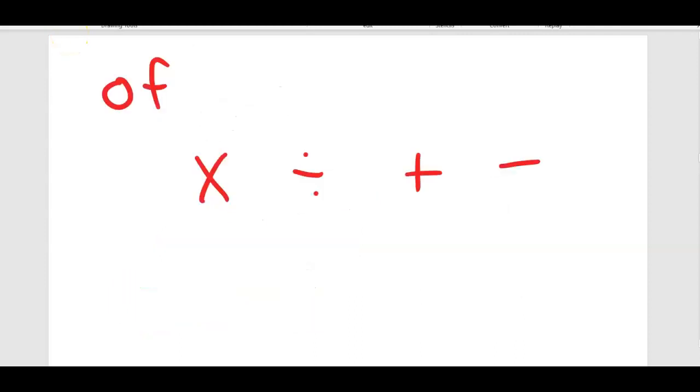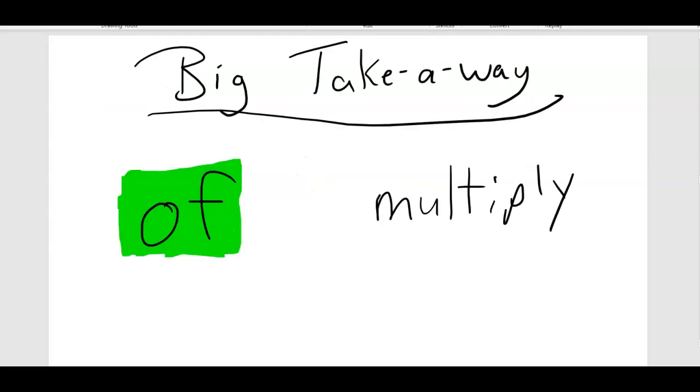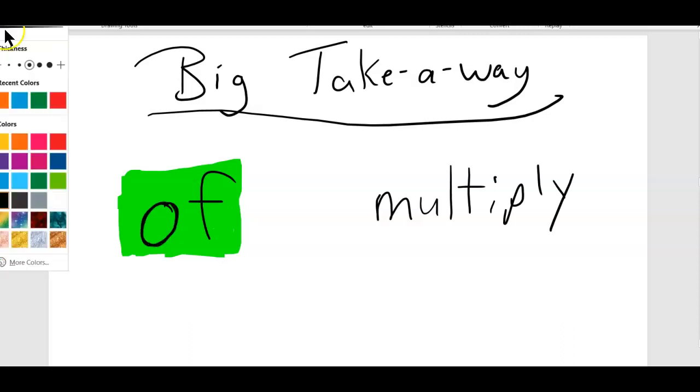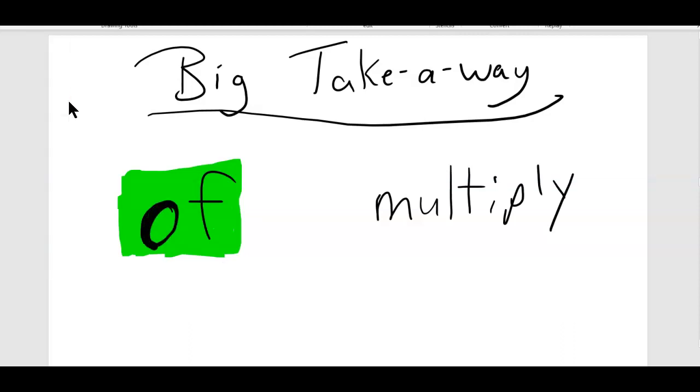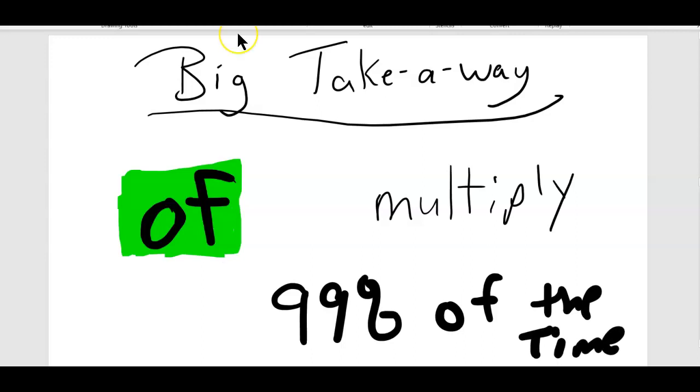The big takeaway is, for the rest of your life, please remember "of" in math, "of" is multiply. I would say that 99% of the time. And we will learn about percents in semester 2. And even then, the word "of" is going to mean multiply.